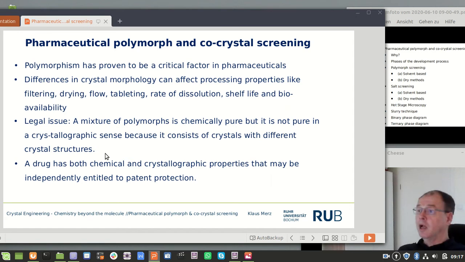And this is a really important aim: to check for each suitable polymorph, because you can patent each polymorph which may have suitable properties.